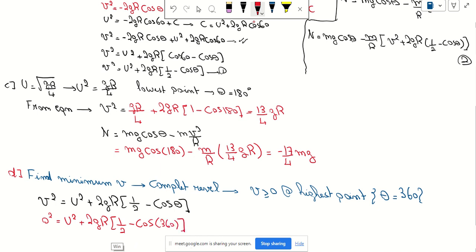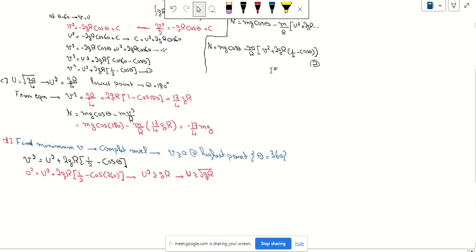You have only one unknown, u squared in terms of r. So you'll find that u squared should be greater than or equal to gr, and the minimum u is greater than or equal to the square root of gr. This is the minimum initial velocity that the particle could start with in order to have a complete cycle.